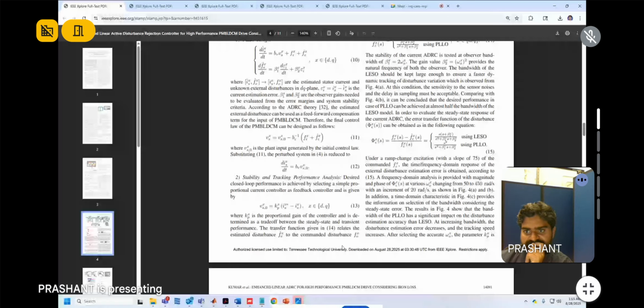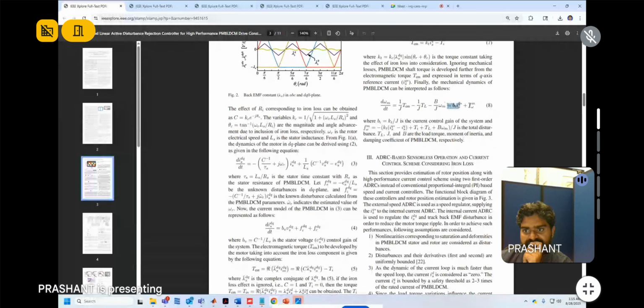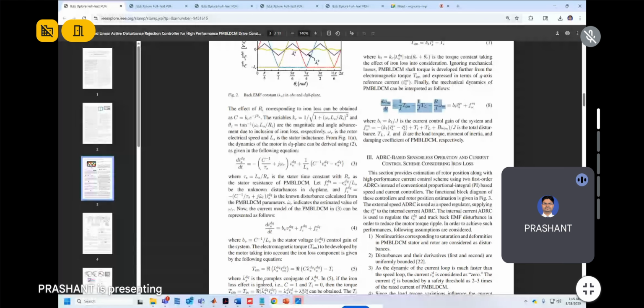We are familiar with this type of equation, the mechanical dynamics of a motor: TE minus TL is equal to B omega plus J d omega by dt. That is the mechanical dynamics of any motor.